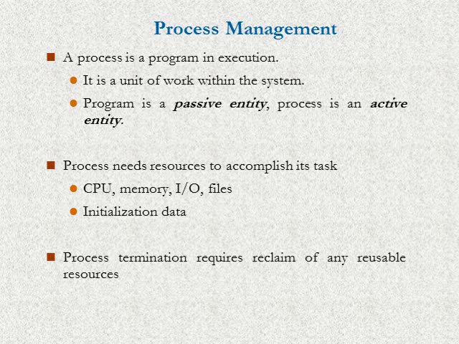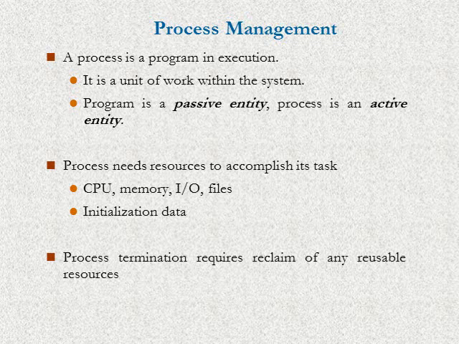Usually, when we talk about process, we claim that a process requires some resources to complete its task, complete its job. And those resources may include the CPU time, memory, I/O devices, files, and it has some data associated with it. When a process is in execution, it requires all of the resources required to complete its job.